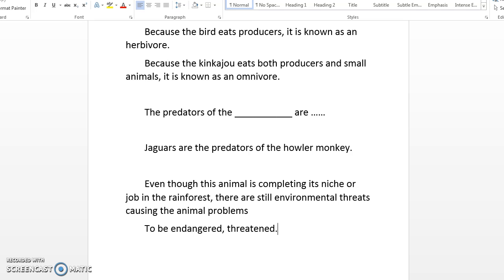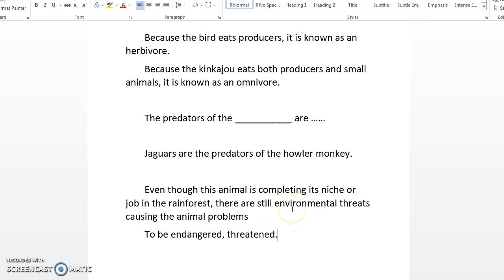You can say that in a couple of different ways. It kind of depends on what your animal is. And notice I didn't really say what the threat was because I'm leading my reader into the next paragraph. Okay, so go ahead and write your conclusion sentence.